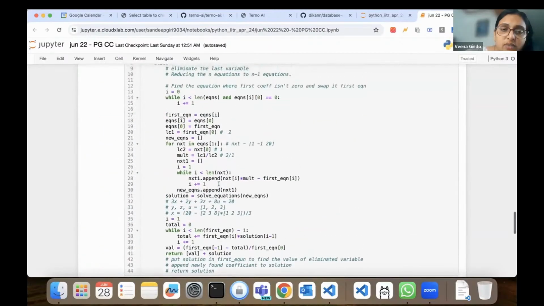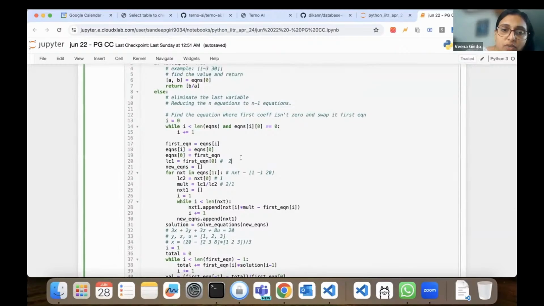This LC1 is the first equation's first coefficient, and LC2 is the second equation's first coefficient, right? LC1 is first and LC2 is second. Yes, that's correct.